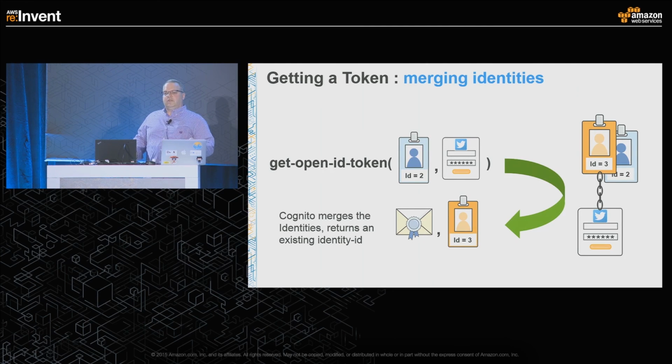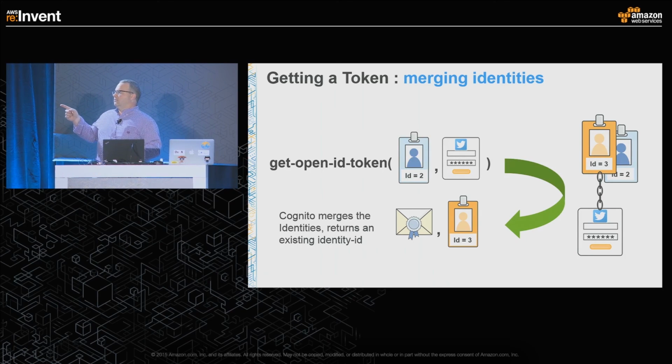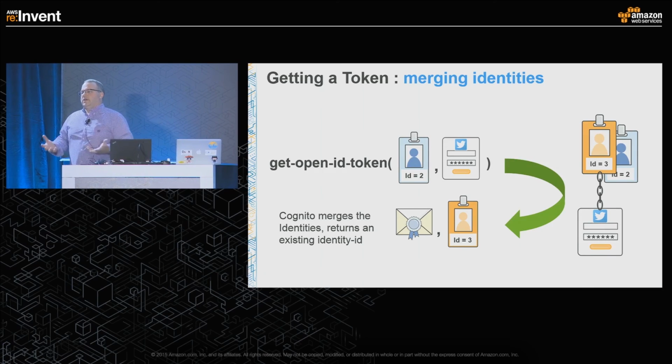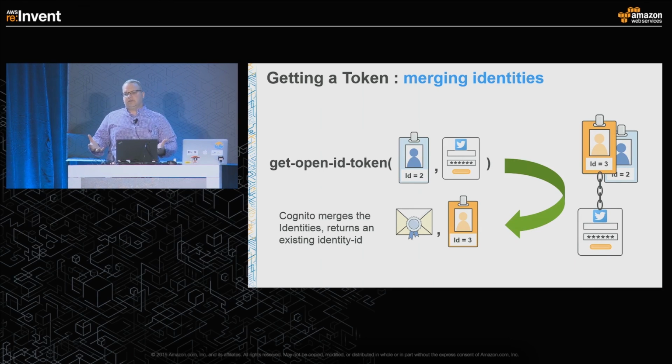You're probably working with an unauthenticated ID. But if that customer logs in with the same Twitter account that they were using on the phone, Cognito will recognize that Twitter token and actually merge the anonymous identity with the authenticated identity. And when I say merge, it's not just a question of housekeeping and merging events. If you have built up Cognito sync data for each of those identities, that sync data will be merged as well.